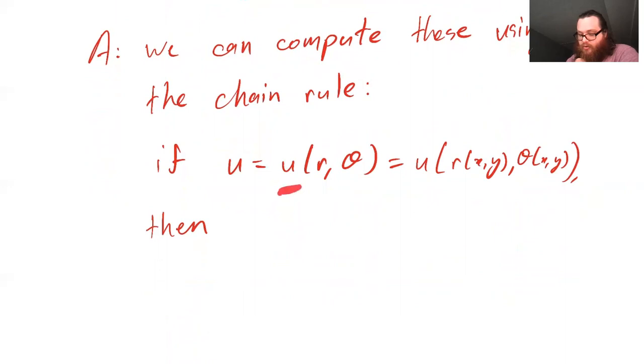We want to know u in terms of the radius and the angle in polar coordinates. But keep in mind that the radius, where your point is, we can express in terms of Euclidean coordinates. As you move x and you move y, the radius is going to change. So the radius is going to be a function of x and y. Similarly, the angle is also going to be a function of x and y.